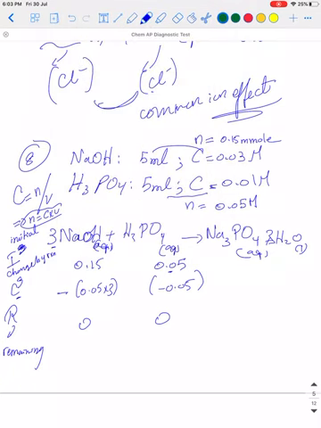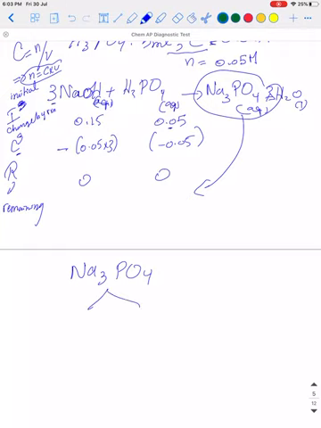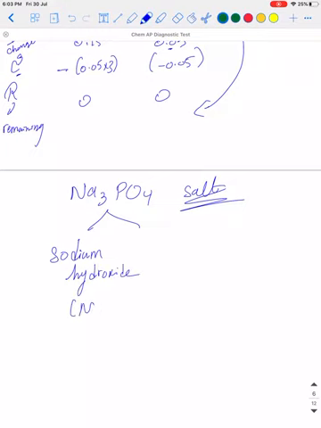So the substance obtained after I combine these two is sodium phosphate. Let us study its nature. Sodium phosphate is a salt coming from a base, which is sodium hydroxide, NaOH, which is strong, and from a weak acid, which is phosphoric acid.